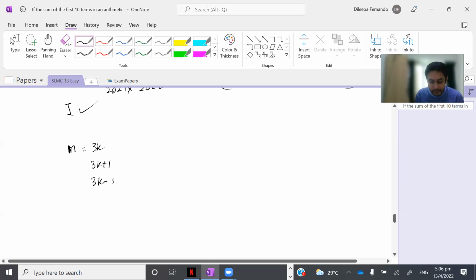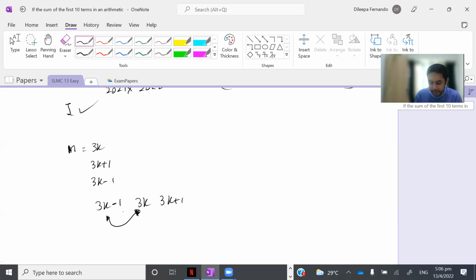In the sequence you have 3k minus 1, 3k, 3k plus 1. So any two consecutive natural numbers have different residues modulo 3, so they can't both be divisible by 3.